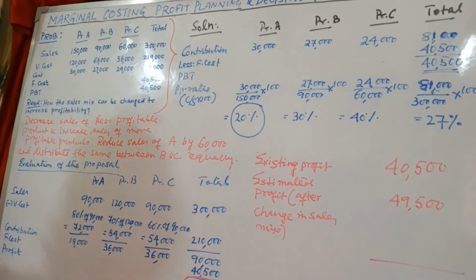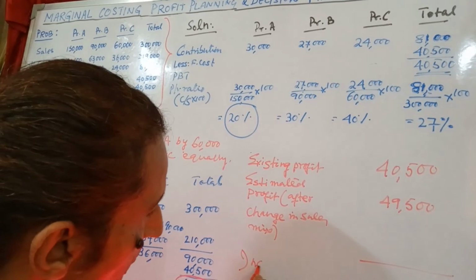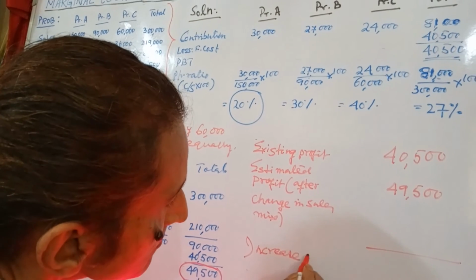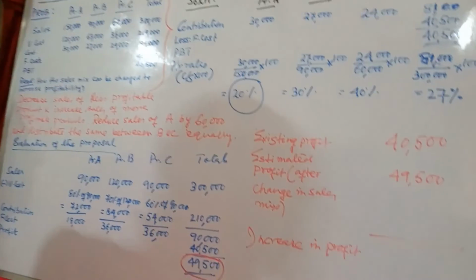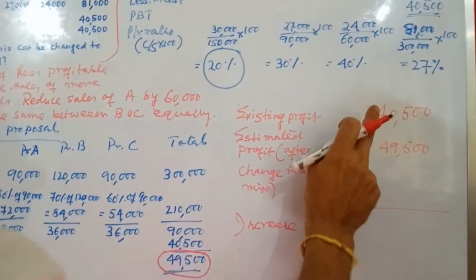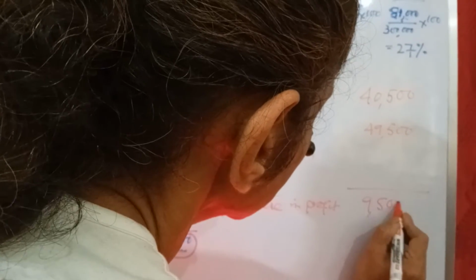So increase in profit, that is 49,500 minus 40,500, that is 9,500.